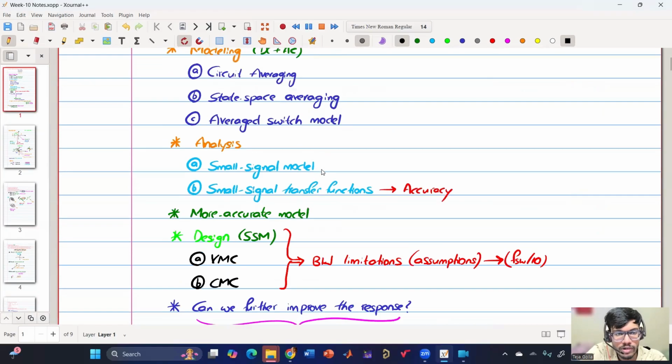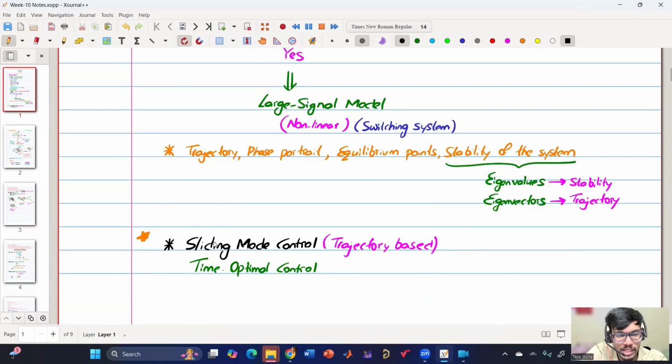Till now we have discussed the first thing, which is sliding mode control, where it is sliding across the surface and switching multiple times to reach the equilibrium point, and this is the trajectory based approach. Similarly, time optimal control is also a trajectory based approach, but we call it time optimal because it should take optimal time to reach the new operating point.